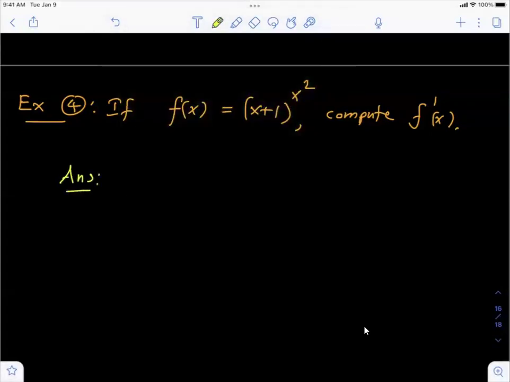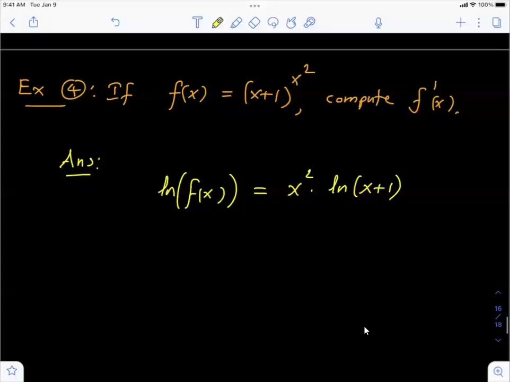Let's follow exactly the same method. First of all, I'll take ln of f of x. In the right side, when I take ln, the power comes to the front. So x squared ln(x plus 1). And now you take the derivative of the left, 1 over f(x) times f prime of x.